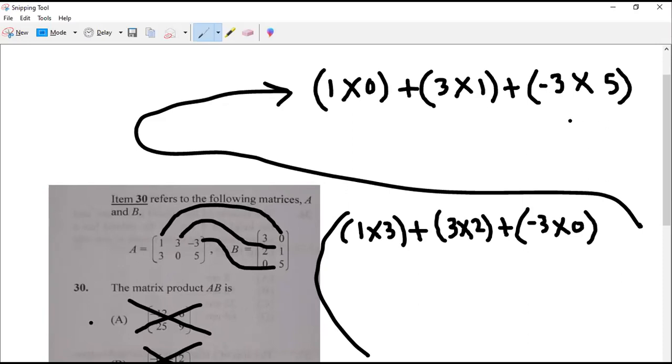All right, can somebody compute that for me, please? What's the answer for this? Negative 12.